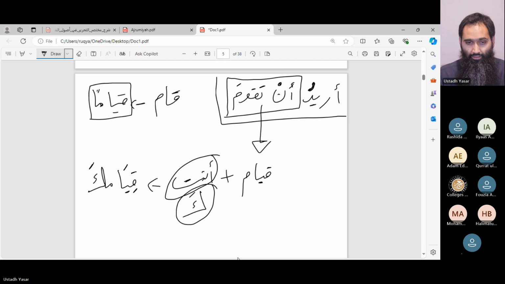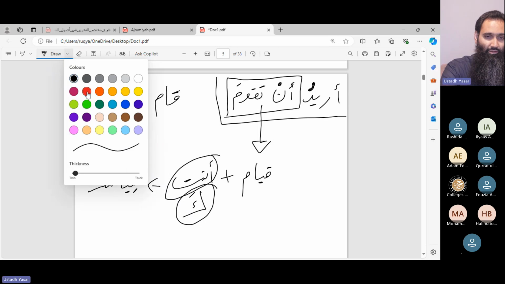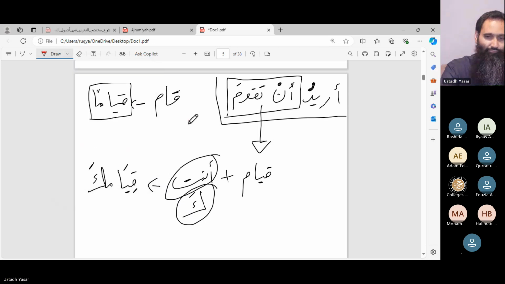Now, this here is where sometimes confusion arises. Let me change the color here to make it clearer. So here now, what do we say? Do we say mu? Do we say ma? Do we say mi?